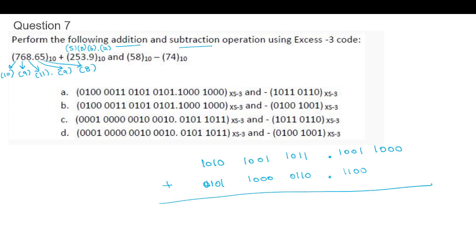So here there is no number, so I'll just bring this here. Now we will perform the addition.